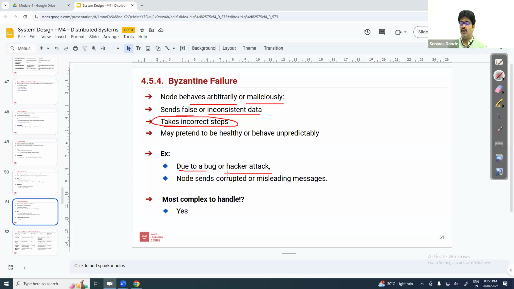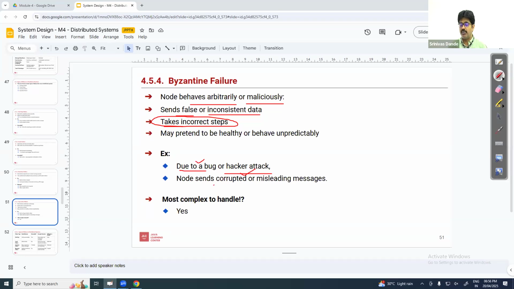The system is responding, but responding abnormally, maybe sending wrong data to you or doing unintended actions.